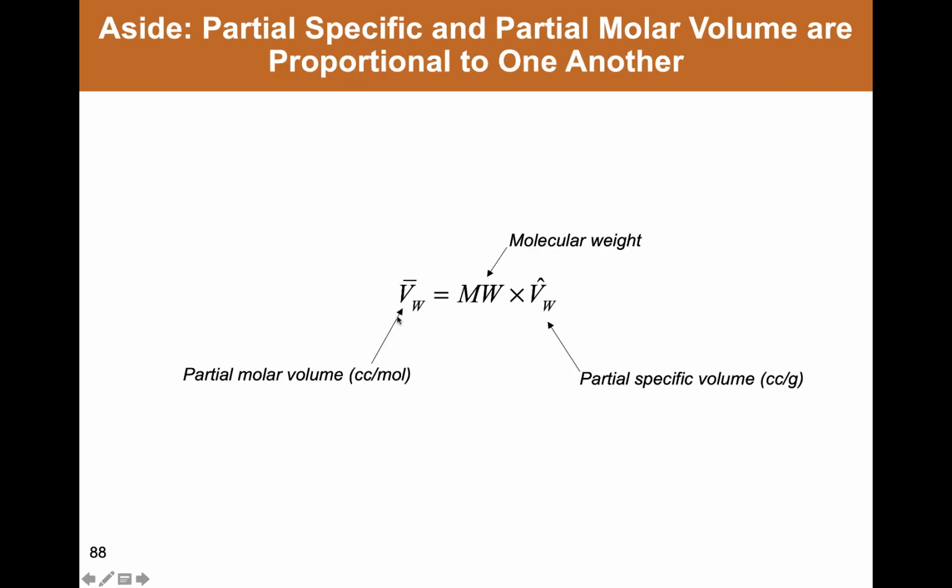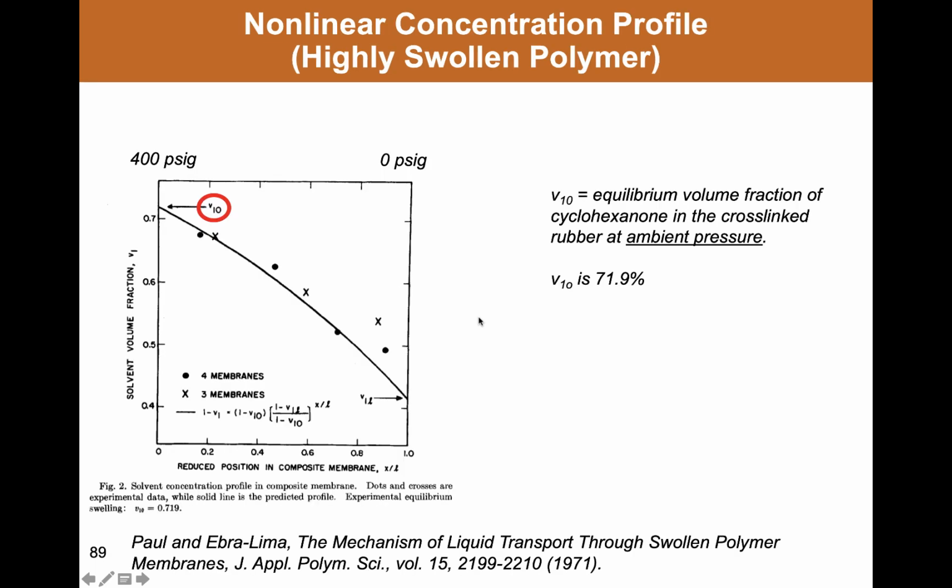We talked earlier in terms of chemical potential. We were talking about the pressure dependence of chemical potential being written in terms of the partial molar volume, and the partial specific volume is just the partial molar volume connected by the molecular weight. So these two terms, one is mass-based and one is molar-based, but they're essentially proportional to one another, and you can use them interchangeably with the appropriate factor of the molecular weight.